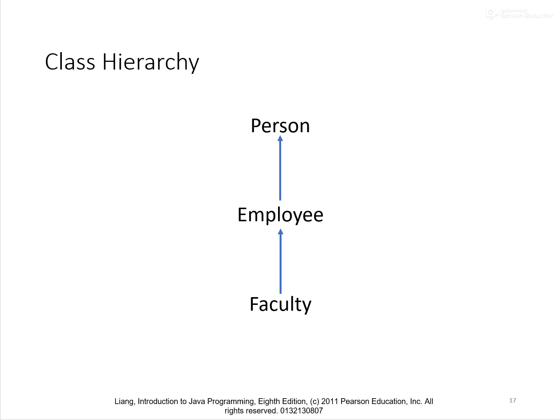Because remember, a faculty is also an employee, and an employee is also a person. So does that mean that if I'm creating a faculty object, faculty's constructor executes first? Does employee's constructor execute first? Or does person's constructor execute first? So this example will address and answer this question.